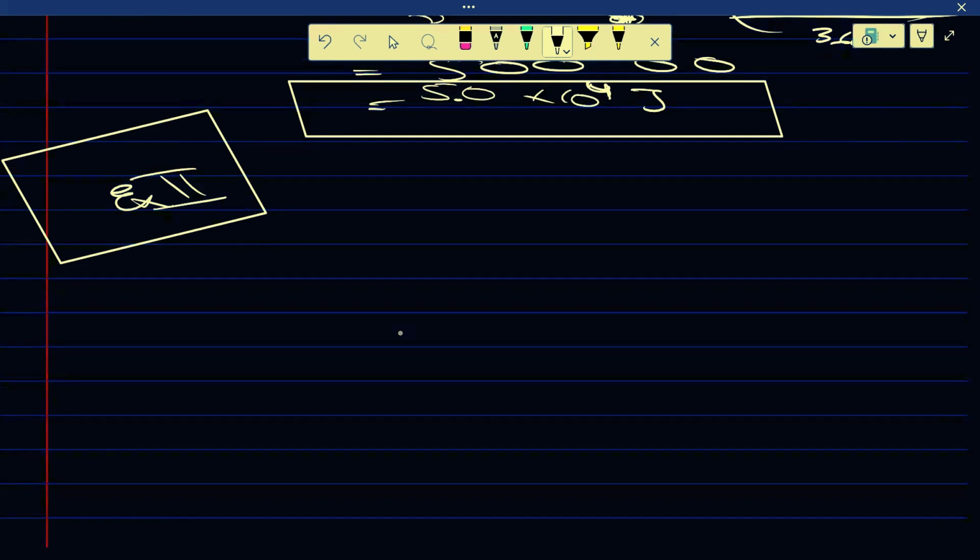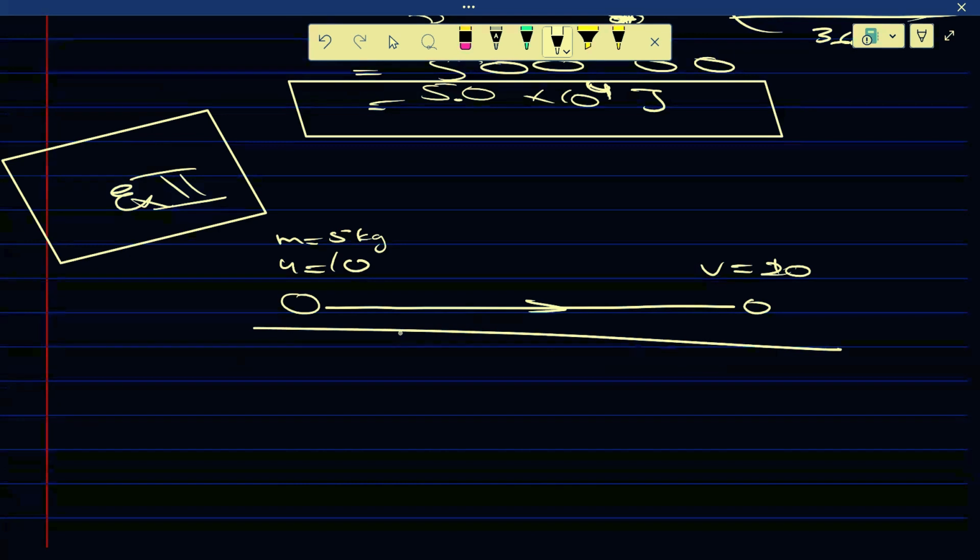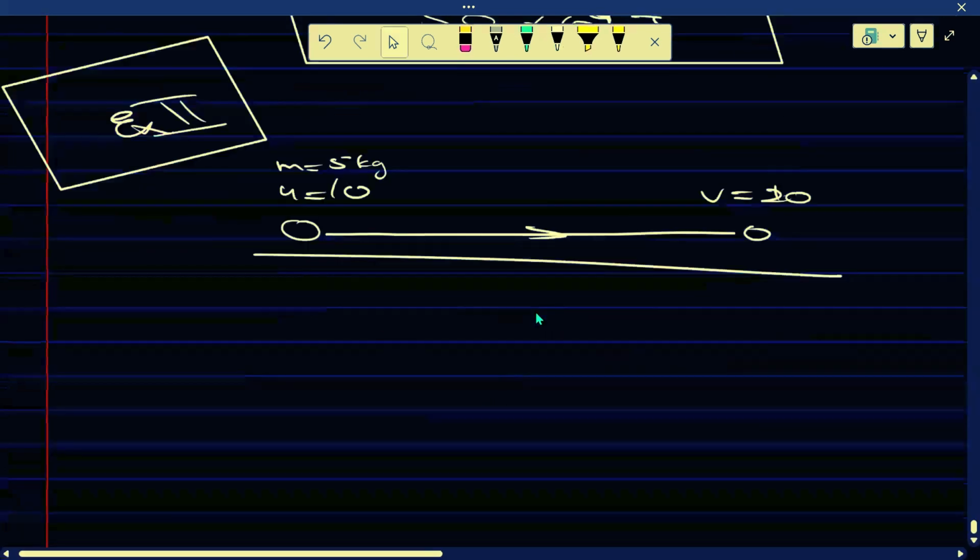Let's take a mass of 5 kg, whose initial velocity is equal to 10 and the final velocity is 20. This is the question. Mass is given, which is 5, and we have to find the velocity.